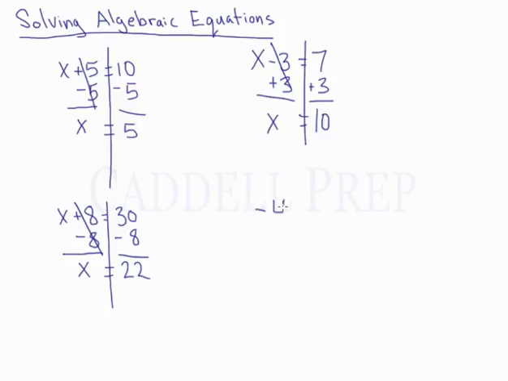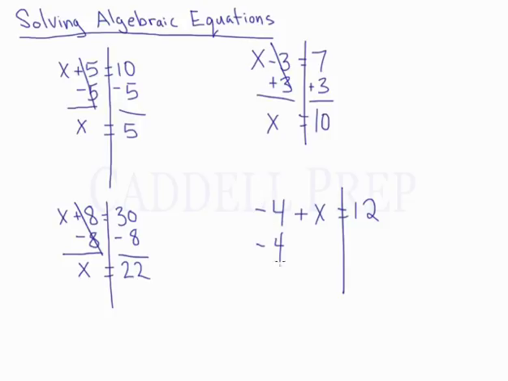And also we'll do negative 4 plus x equals 12. Alright, so here you may look at this and see that this is negative 4 plus x. So to get rid of the negative 4, you might think we should subtract the negative 4.